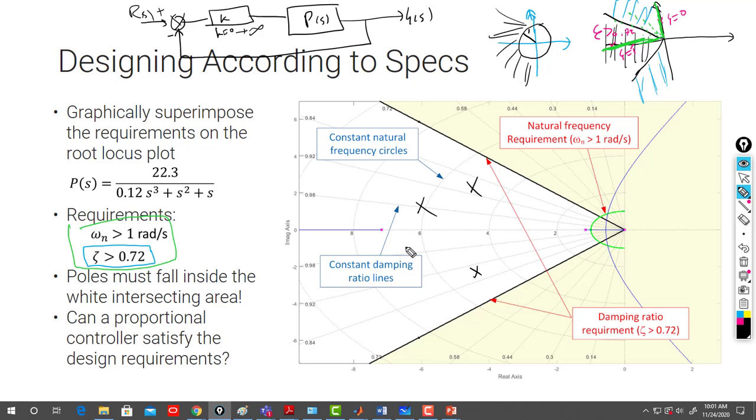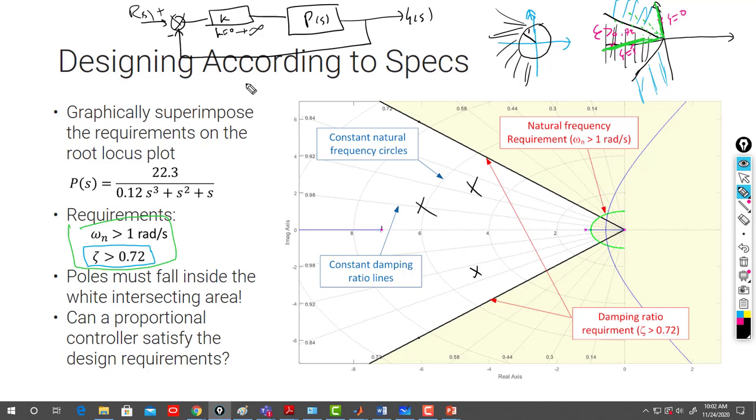You may tell me maybe I have a pole here. Yes, but you should have all your poles in here. When this pole is here, you have one pole here and the other one is here. So you keep increasing, and this doesn't satisfy. It means there is no value of k that satisfies my requirement.